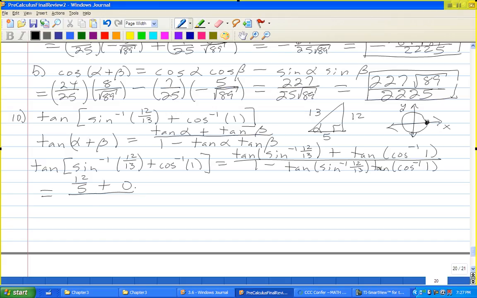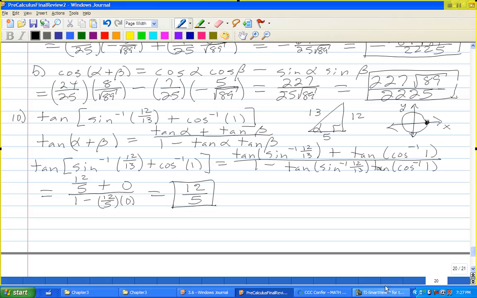You're not adding anything. Arc cosine of 1 is 0. Okay, and so it's 1 minus 12 over 5 times 0, which is 12 over 5.